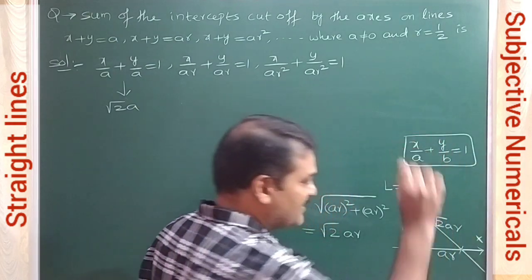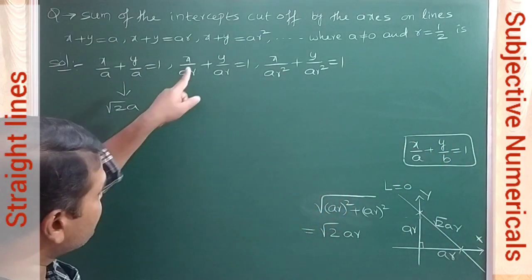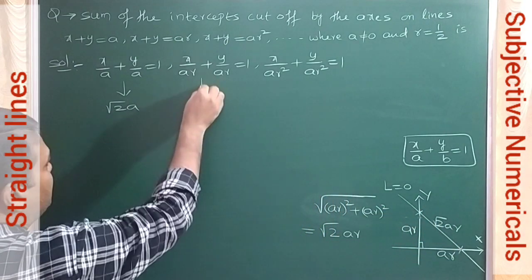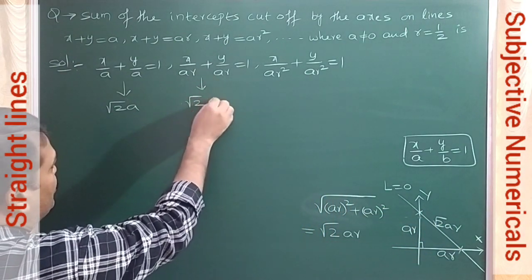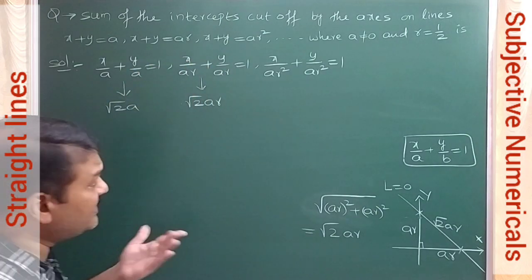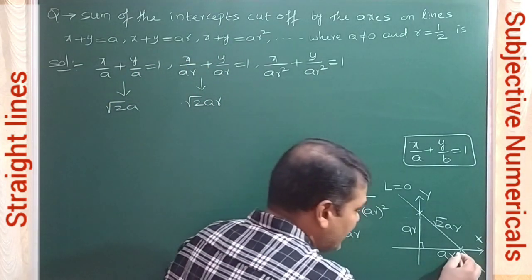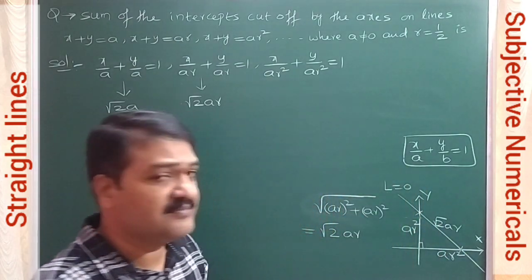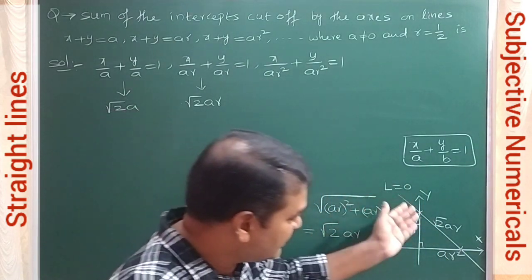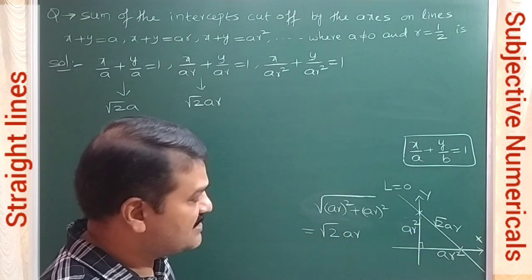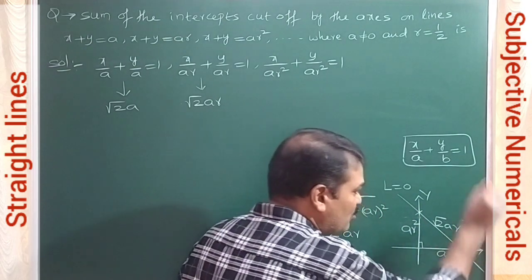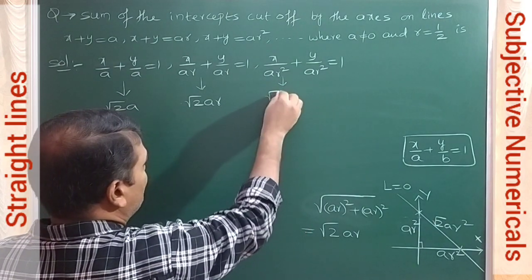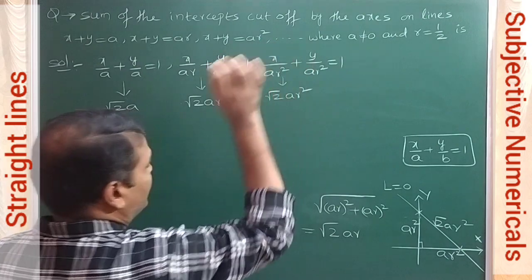Therefore for the second line, the intercept cut off between the axes will be root 2 into ar. Proceeding like that, for the third line, x and y intercepts both are equal to ar square. When we find the hypotenuse using Pythagoras theorem, we will get root 2 into ar square. So for the third line, it is root 2 into ar square.